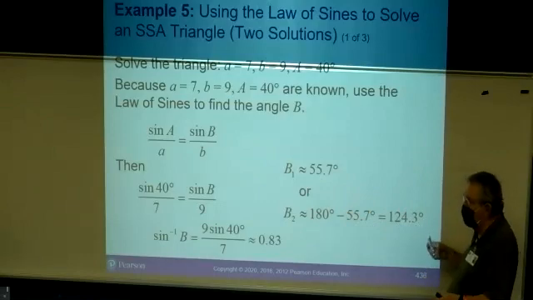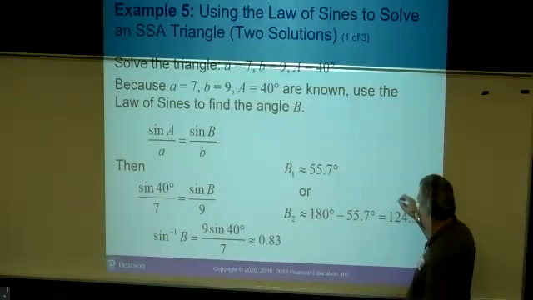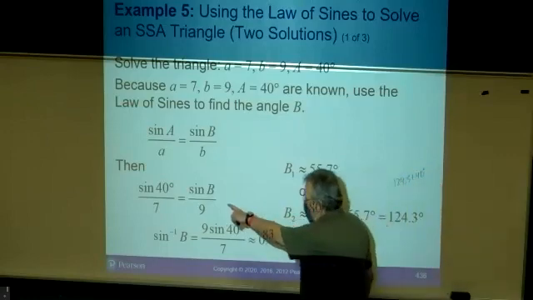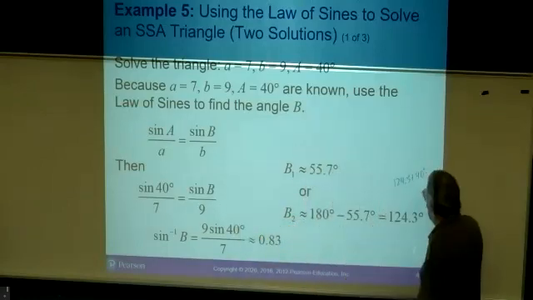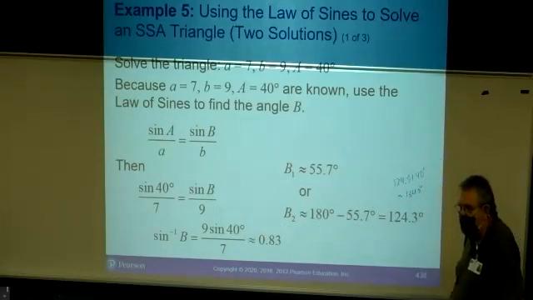So to see if it can be this one, we do 124.3 plus 40, because that's the other known degree, and that equals 164.3 degrees, which is less than 180. So I have enough room for another angle in that triangle.